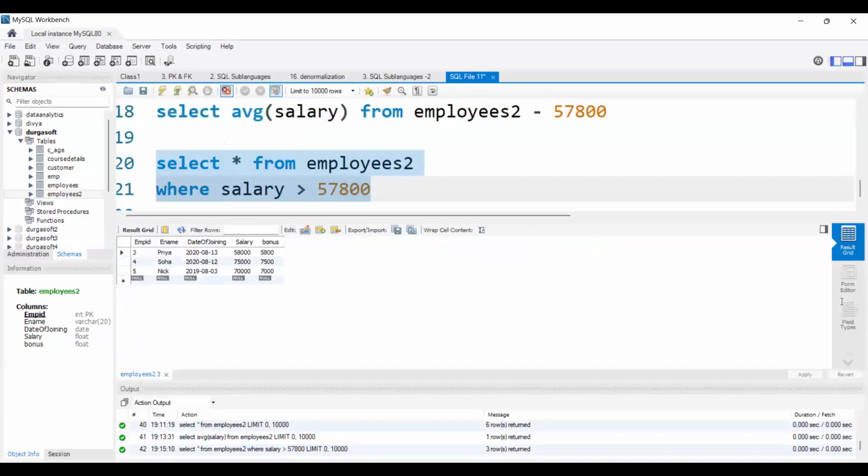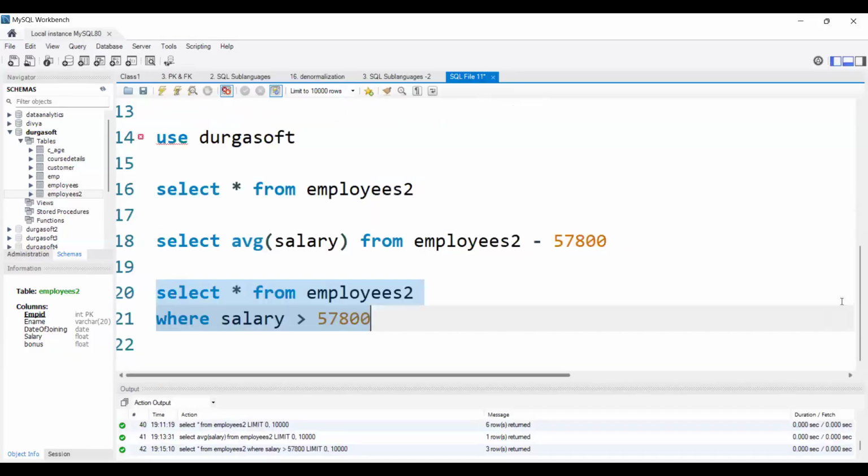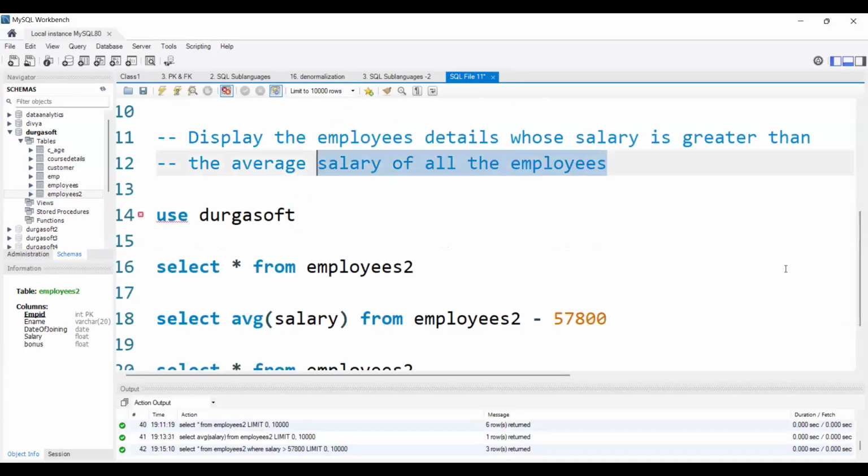I got some employee details, and the salary of these employees is greater than this average salary, right? 58, 75, 70. Correct? I got the answer to my question.